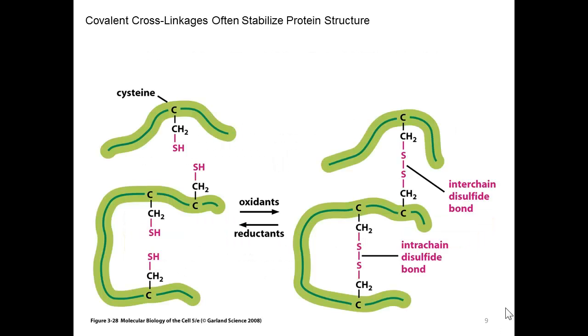Now there's one additional aspect of protein structure that we haven't discussed, and that is disulfide bridges. Cysteine residues have this thiol group right here.